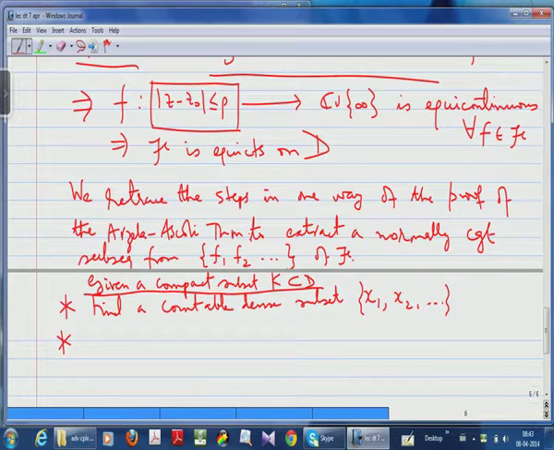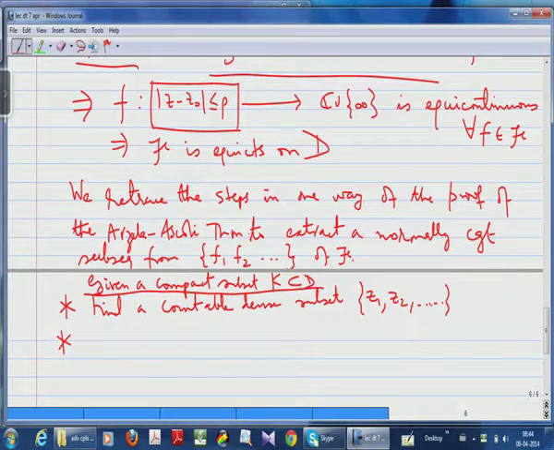look at the present situation. If I apply f1, f2 to x1, mind you, let me change the notation from x1, x2 to z1, z2, because my compact subset K is a subset of D, and all my points are complex numbers. So let me change it to z1, z2 and so on.